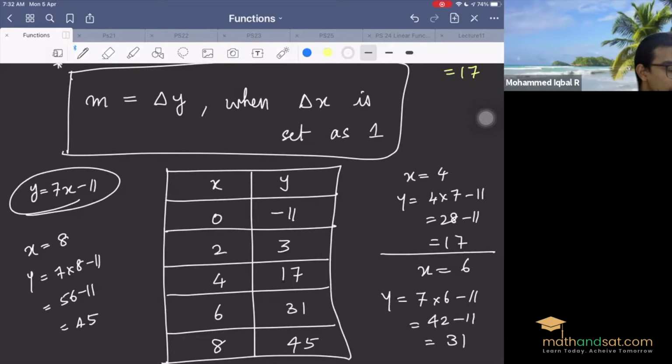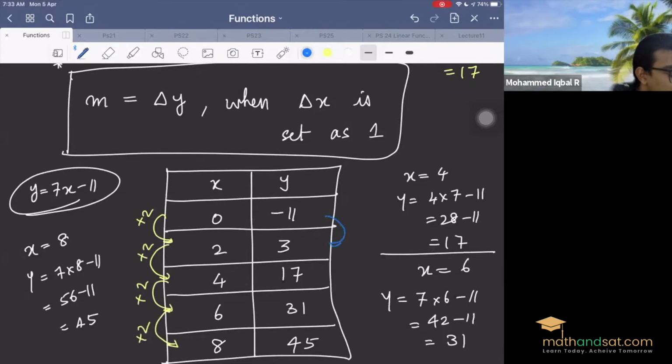So here, every time it was changing by 2 units, plus 2. This is plus 2. This is plus 2. This is plus 2. And here it is plus 14. Here it is plus 14.